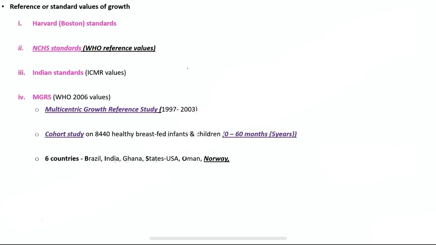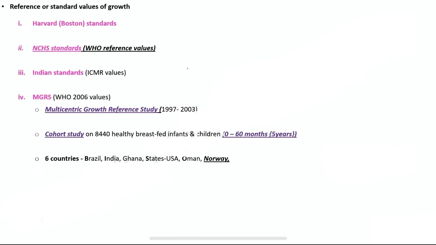Moving on to the references or the standard values of growth. We know that there are certain standard values of growth, that is the Harvard or Boston standards, NCHS standards, World Health Organization reference values, and Indian standards, ICMR values, and MGRS values, that is World Health Organization 2006 values.